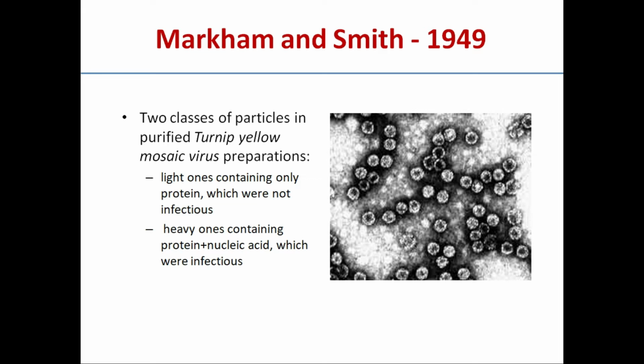And the second one is heavy ones. They contain protein plus nucleic acid, which were infectious. So it throws some light on the role of each of the components of plant virus. RNA is infectious, protein is not infectious. So the disease causing component of plant virus is the nucleic acid or RNA.